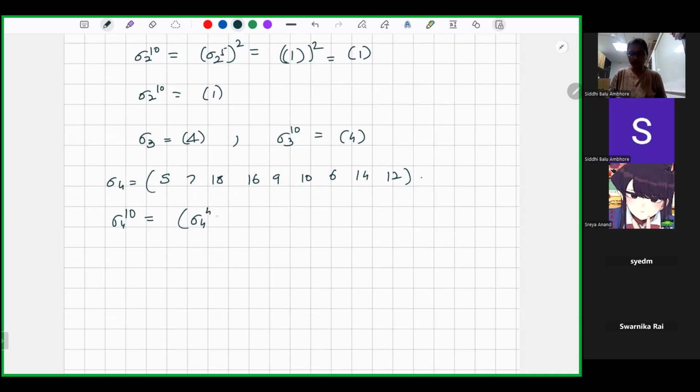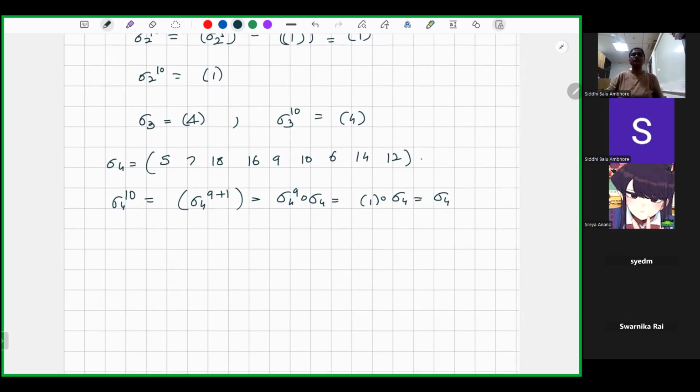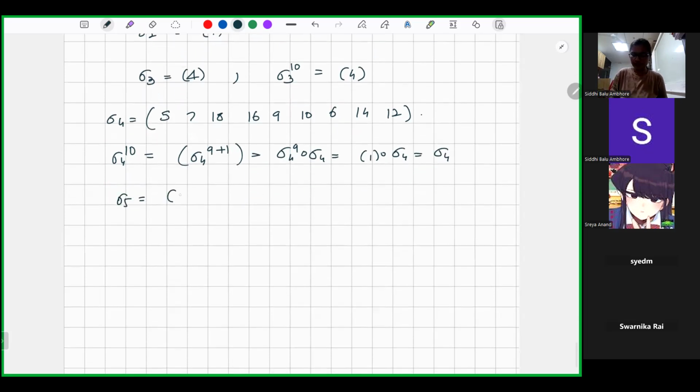So it is sigma 4 power 9 plus 1, so sigma 4 power 9 into sigma 4. When I do this composition in my S_N, this is nothing but identity permutation composed with sigma 4, that is sigma 4 again. Okay, so sigma 4 remains as it is. And now the final one, sigma 5, is just my 11 fixed, and when I take the power, nothing changes. It just remains as it is, the 11.